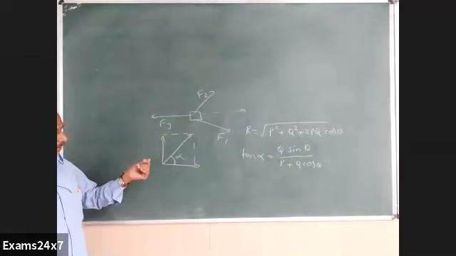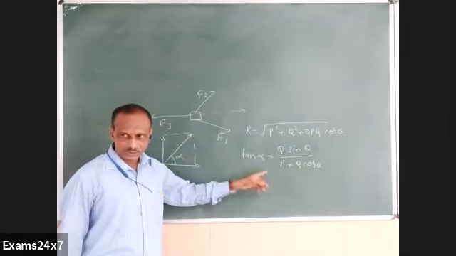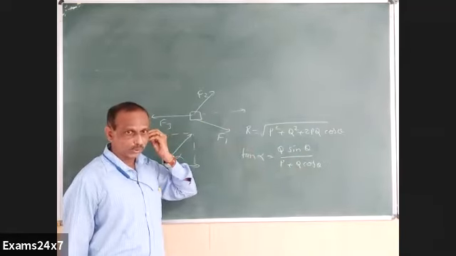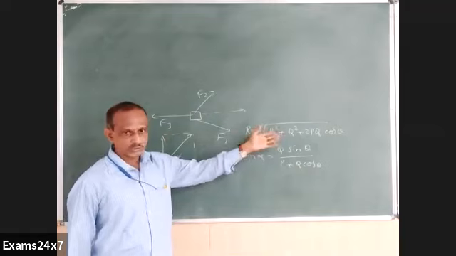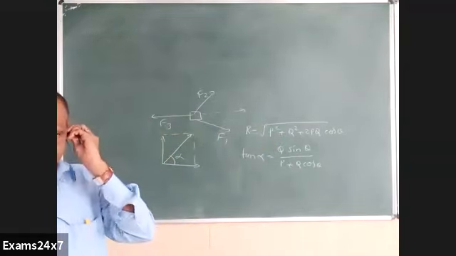And we saw one or two problems regarding the direction also. Otherwise, I asked the magnitude. If magnitude alone is required, we can stick to this one. So today, just one more simple sum I want to give. Like this.